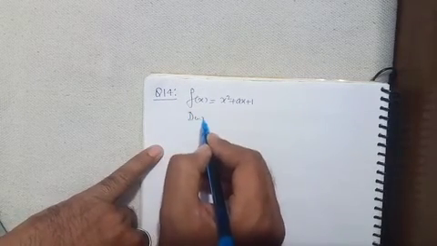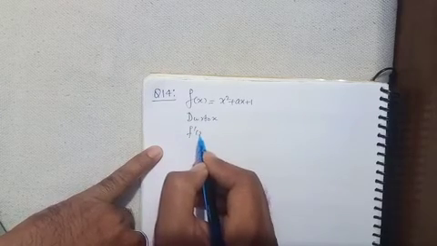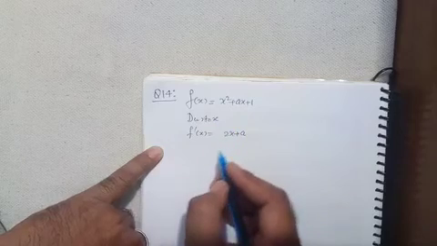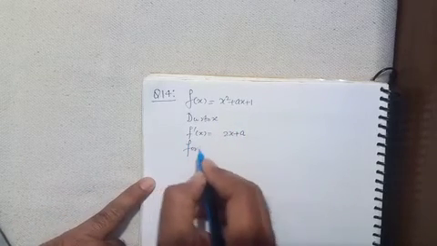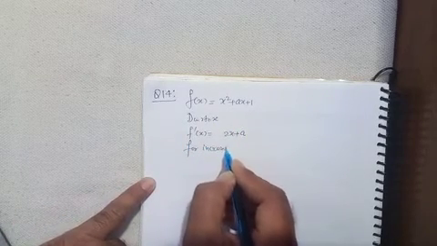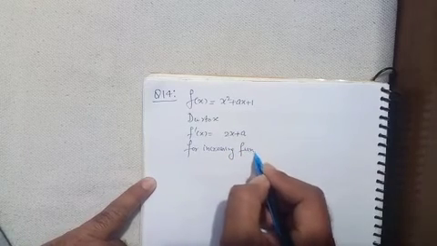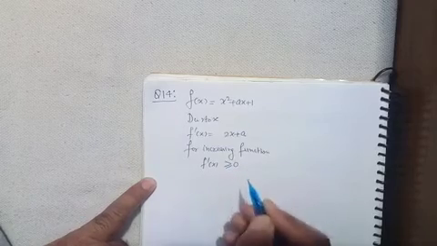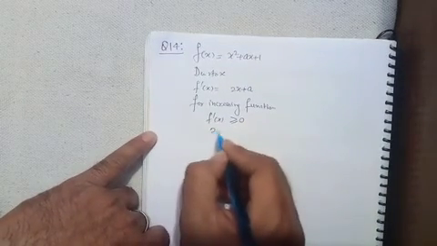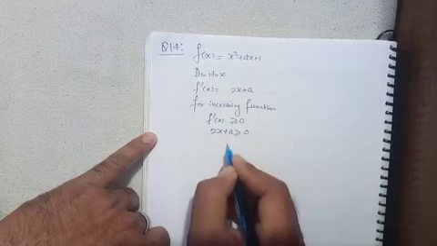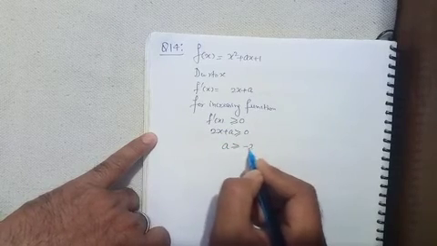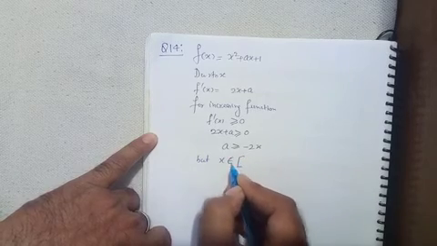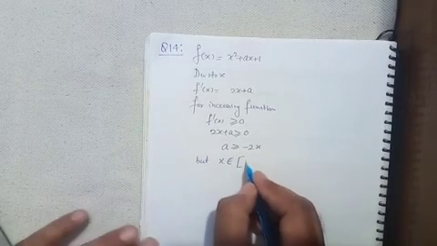So first differentiate with respect to x. f dash x equals 2x plus a. Now for an increasing function, f dash x should be greater than or equal to 0. It means 2x plus a should be greater than or equal to 0. It means a should be greater than or equal to minus 2x, but it is given x belongs to the interval 1 to 2.